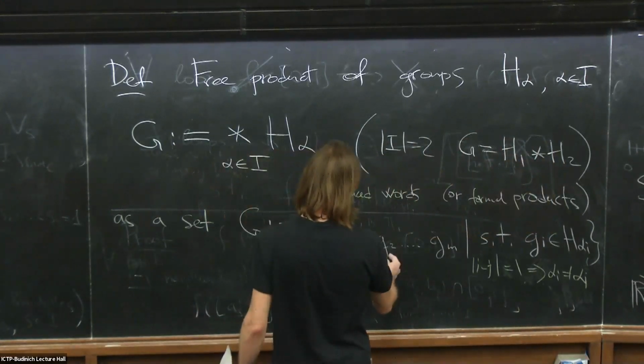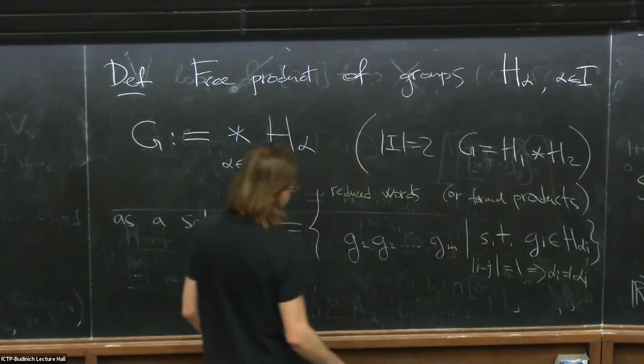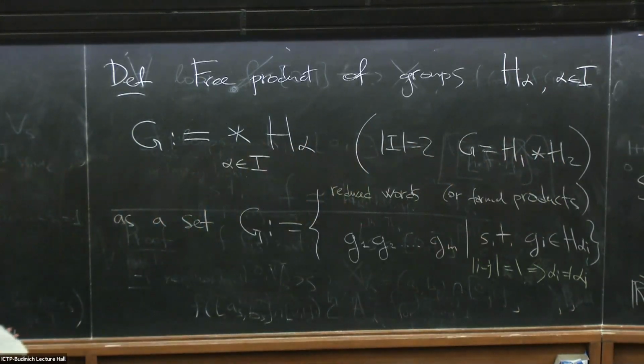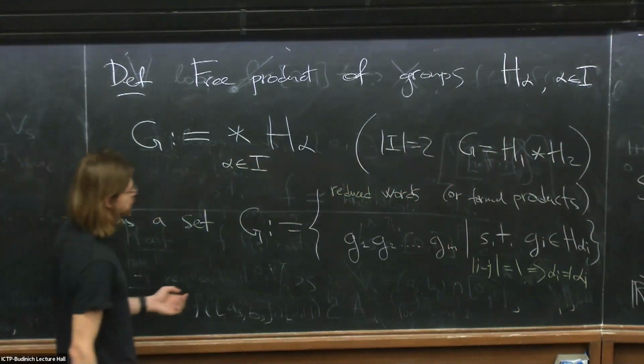For a pair of consecutive elements, they should belong to different H alphas. And this is what reduced means.